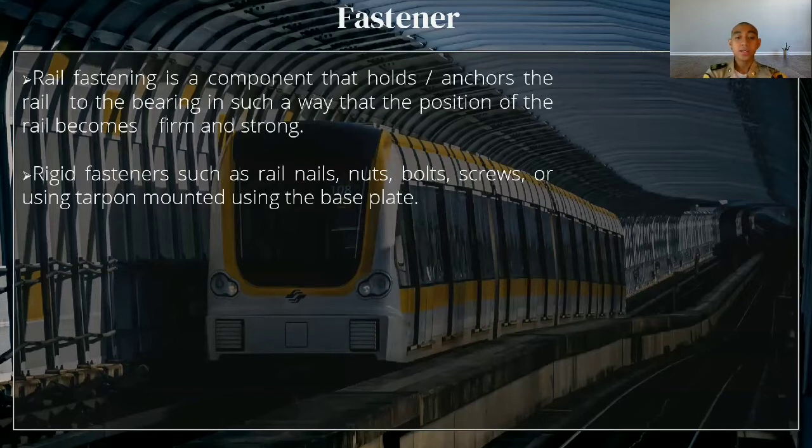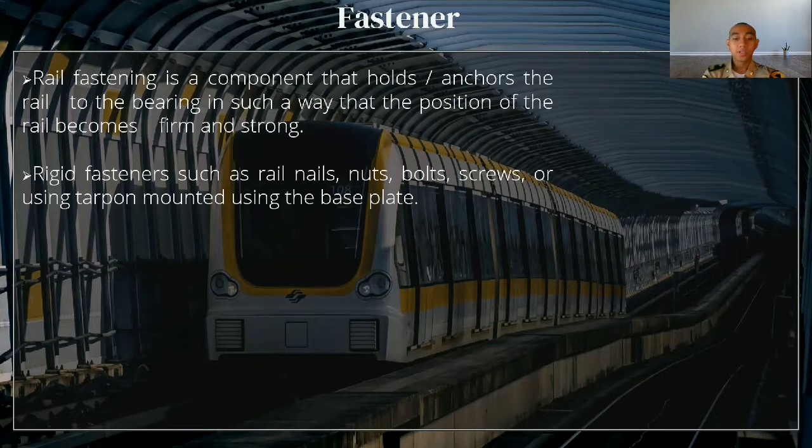Its function is to tie or link the rail rods to the bearings on which the rail rod is supported, so that the rail rods remain attached to the bearings and maintain track width or track gauge.